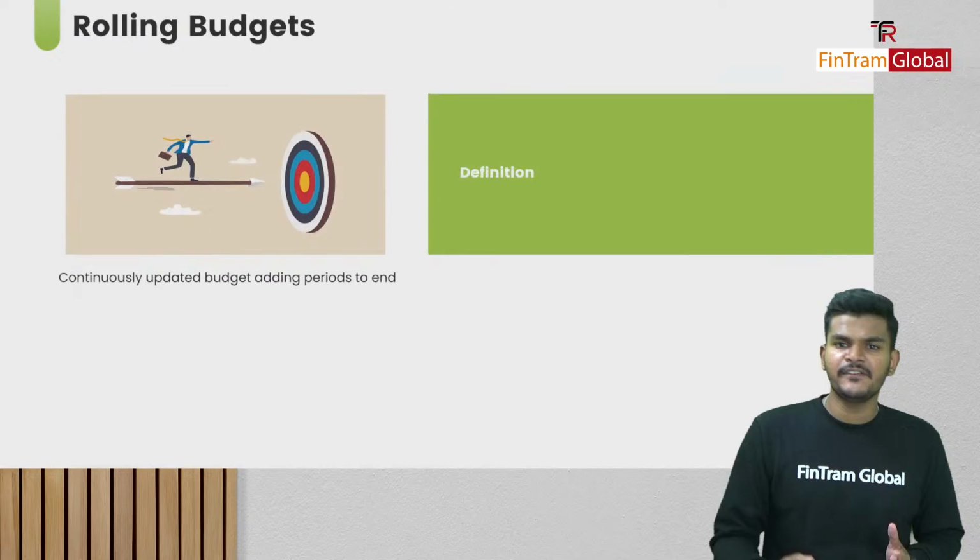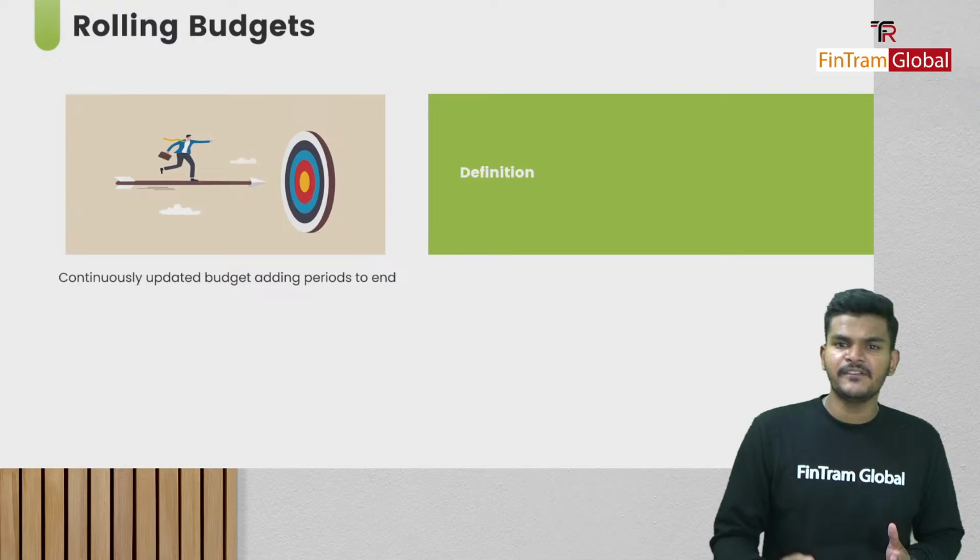Now moving on to rolling budgets. So what's the idea here? So when it comes to rolling budgets, it is continuously updated by adding periods to the end. What does that mean? Well, basically, if I am preparing a budget for the next 12 months, right? After 1 month is over, I would have some actual results with me, right?